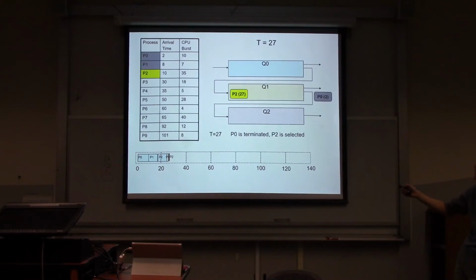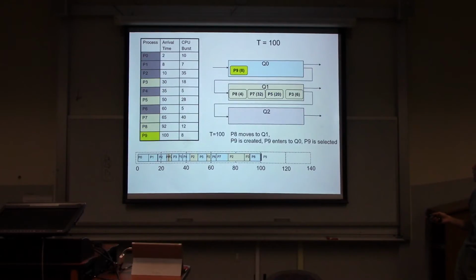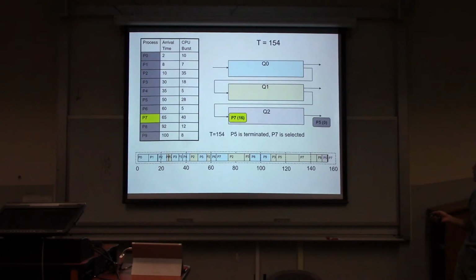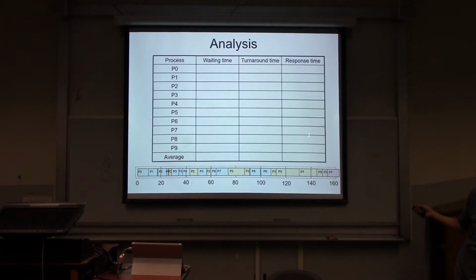Like this, you can use the arrow button to understand it with the slide. And finally it looks like this. Then, after you finish all the processes, you can calculate average waiting time, average response time, and also turnaround time to fill this up.